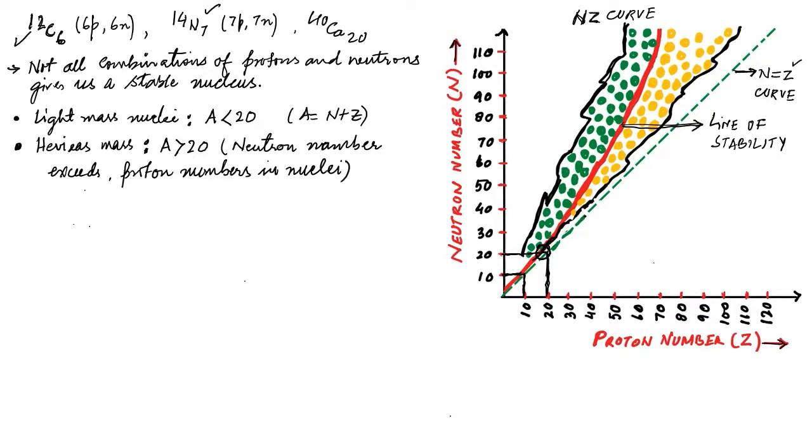So when we talk about heavier mass, whose mass number A is greater than 20, then the number of neutrons in the nucleus exceeds the number of protons in the nucleus.